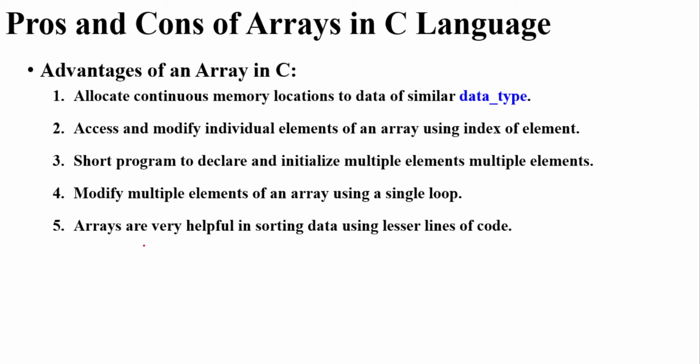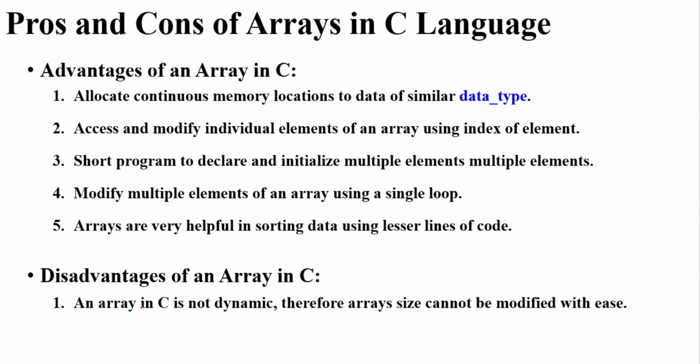Similarly, arrays are very helpful when we are writing programs for sorting or any other algorithms. So this is very helpful when we are using complex algorithms. But there are some disadvantages which are not that big. An array in C is not dynamic. That means you cannot change the size of an array once you have declared it in the beginning.